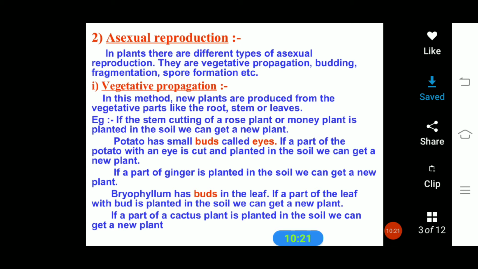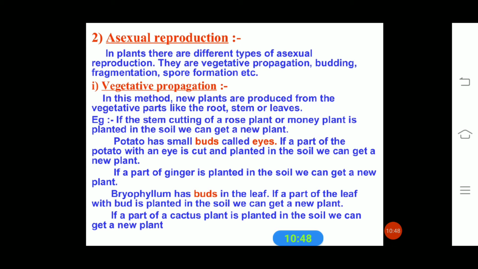Also, students, there is bryophyllum. It is a type of plant. The speciality of bryophyllum is that its leaves have bud-like structures. If a part of a leaf with a bud is planted in the soil, we can get a new plant.